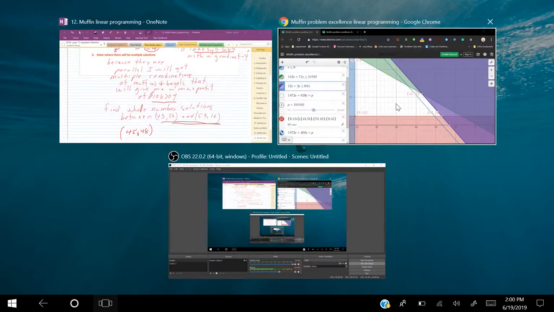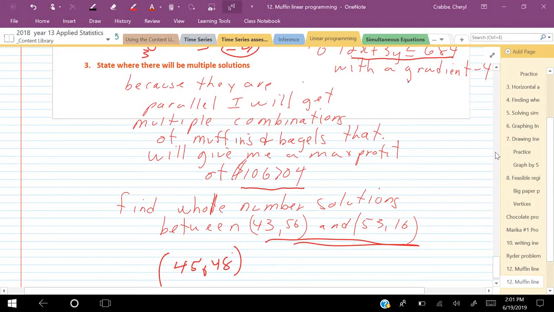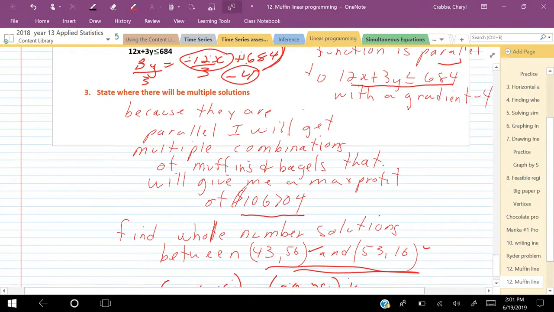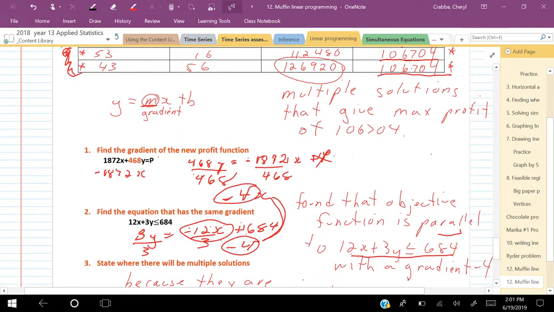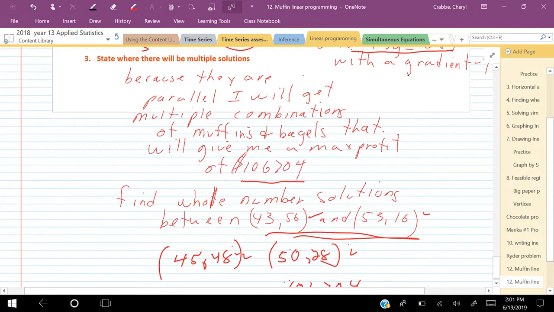Find a couple more. 50 and 28. Okay, 50 and 28 will work. That's a whole number. So we found some extra ones. These are all whole number solutions that will give me profits of 106,704. Multiple solutions, and the reason for that is because the objective function is parallel to that back line. And so that's how you answer the excellence question.